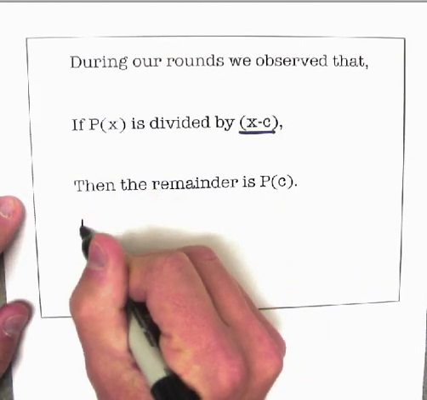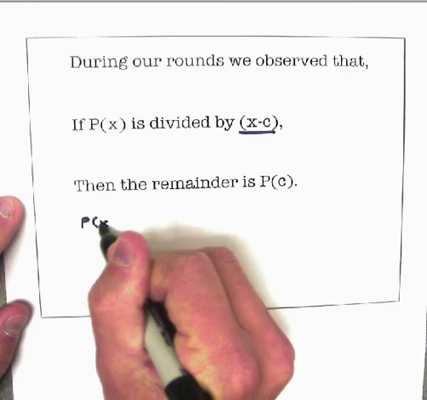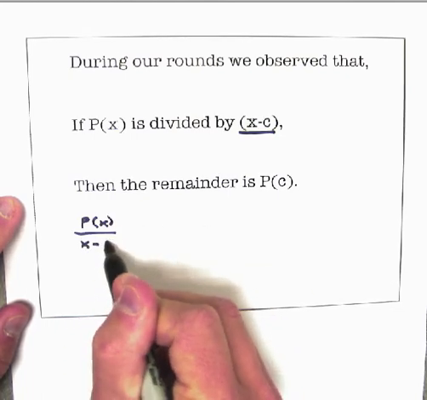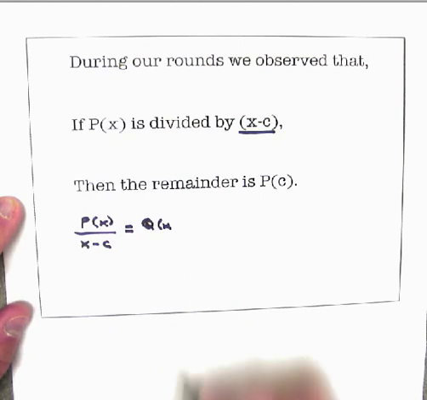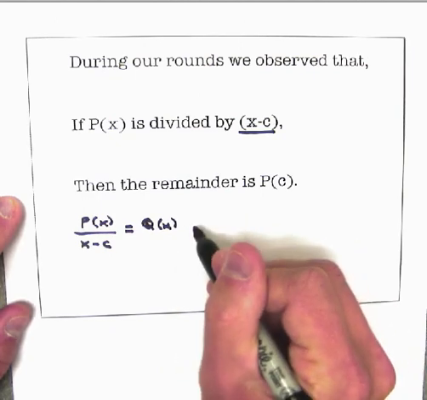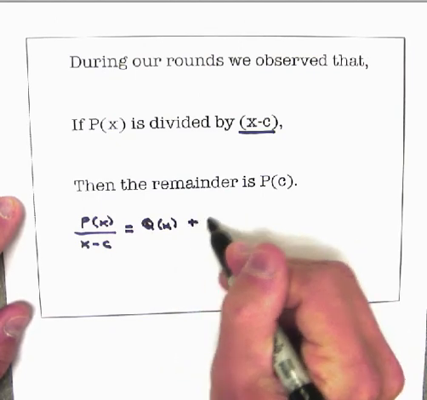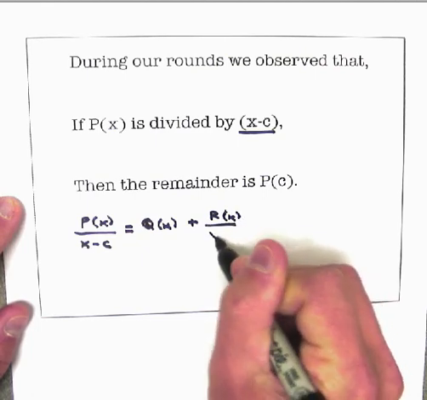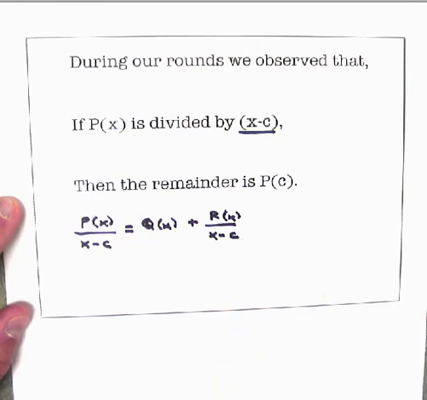We started with a polynomial, p of x, and we were asked to do the division by x minus c. Now we've been putting the answers in the form q of x, the quotient, plus the remainder divided by the divisor, which in this case is x minus c.